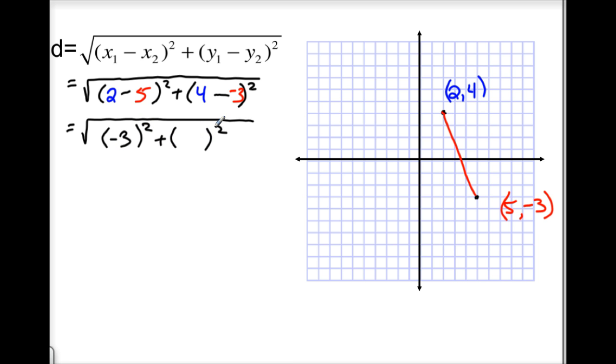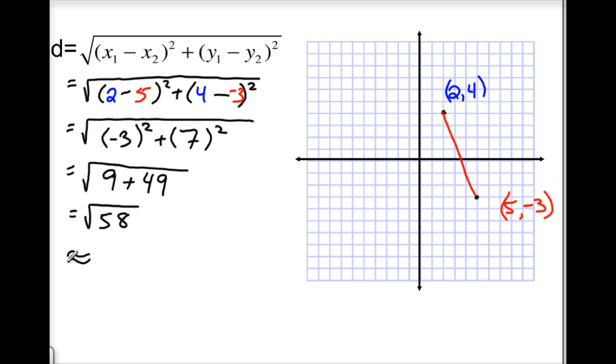And 4 minus -3, which becomes 4 plus 3, ends up being 7. Take the square of those, -3 squared, 9, plus 7 squared, 49. Get the square root of 9 plus 49, 58. And the square root of 58 is approximately, and again, you need the wavy equal sign to show approximation, 7.6 units.